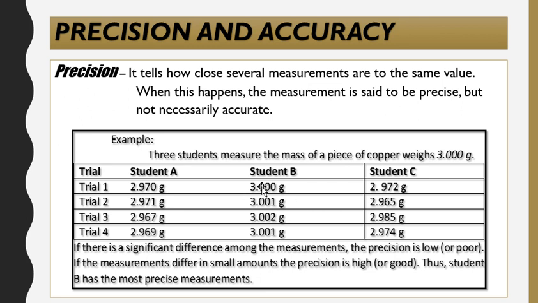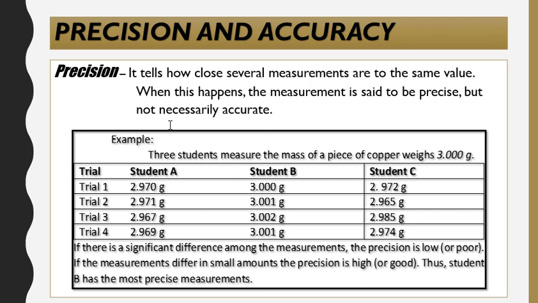For example, in trial 1, student B got 3.00 grams. In trial 2, there is only a small difference, but it is close to the several measurements obtained. So student B again has the most precise measurements. That is what we call precision.